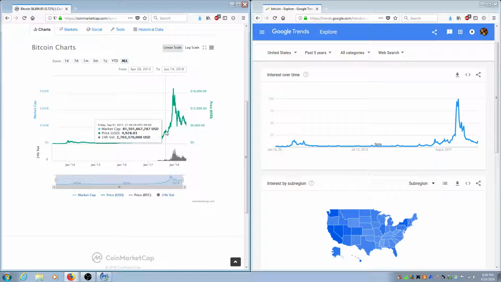The average person didn't know what it was. You know, they'd hear about it, but once it broke 4,000, that's when people were really starting to make some life altering decisions. I remember people liquidating 401ks and buying it. They were, you know, taking out credit cards and buying Bitcoin and that sort of thing.